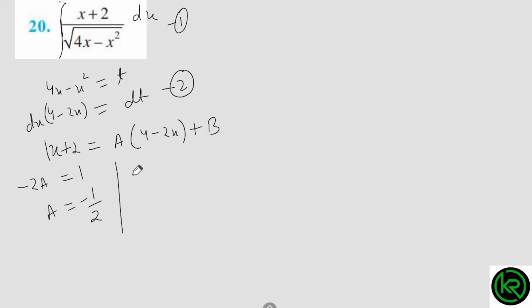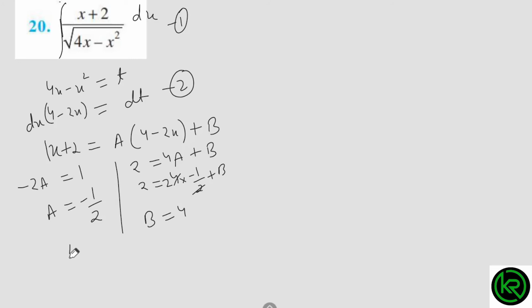Okay, and now equating the constant, you will get 4a plus b, and a value is minus half. Okay, so half, 2 2 4, and minus 2 plus 2, b you will get 4.